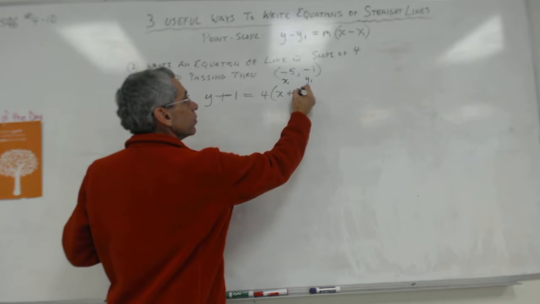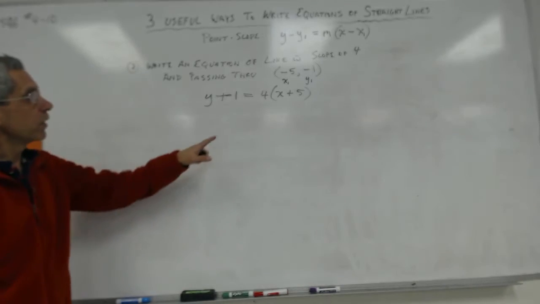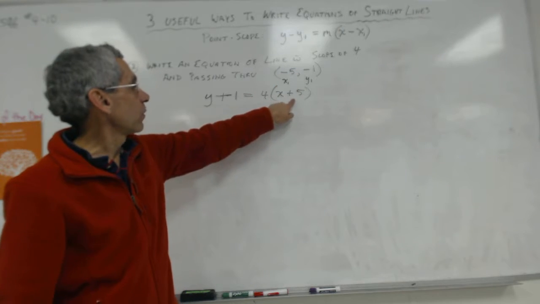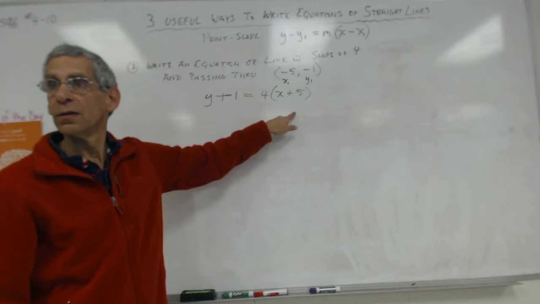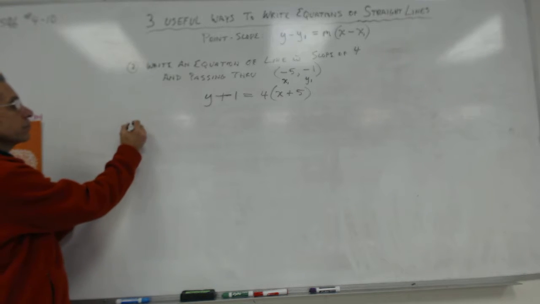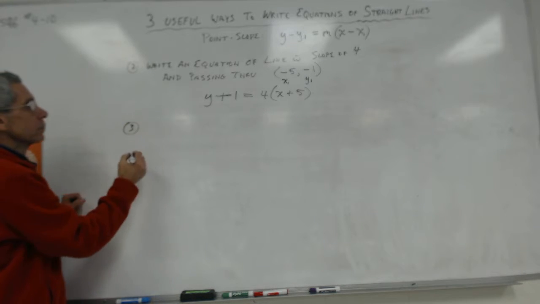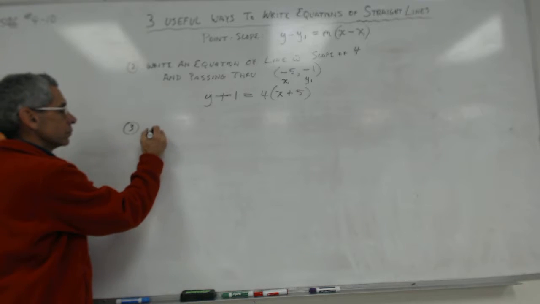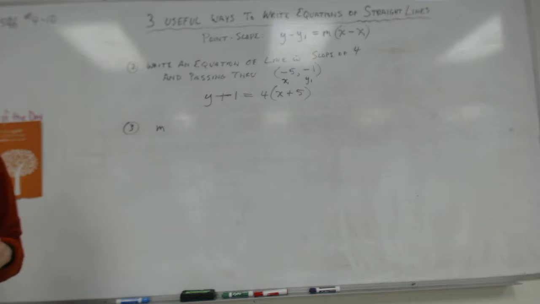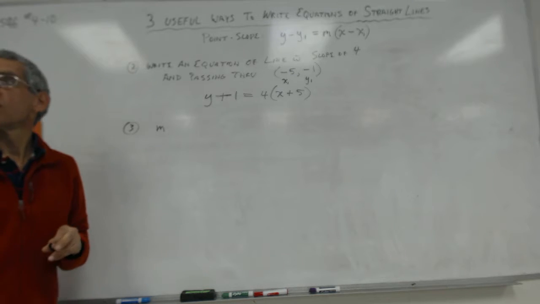x plus 5. Beautiful. Isn't that weird? When the points are negative, they look positive here. Since the equation already comes with those negatives, a negative that you put in there can't take the place of that negative. Correct.